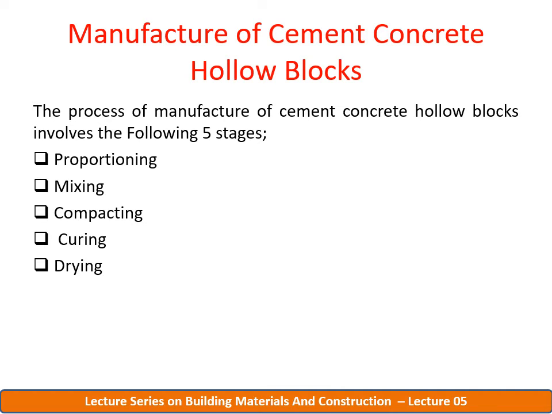You can take the 5 wooden pallets and keep them on the vibrating platform of the machine, and after that the mold box is lowered on the pallet. Concrete mix is poured in suitable proportion.